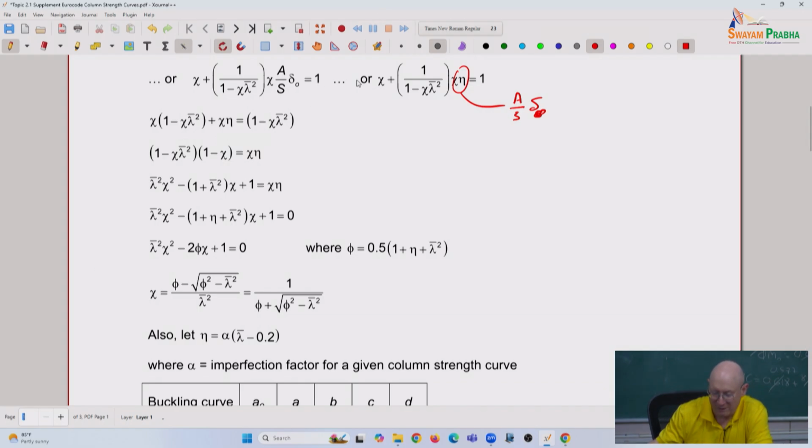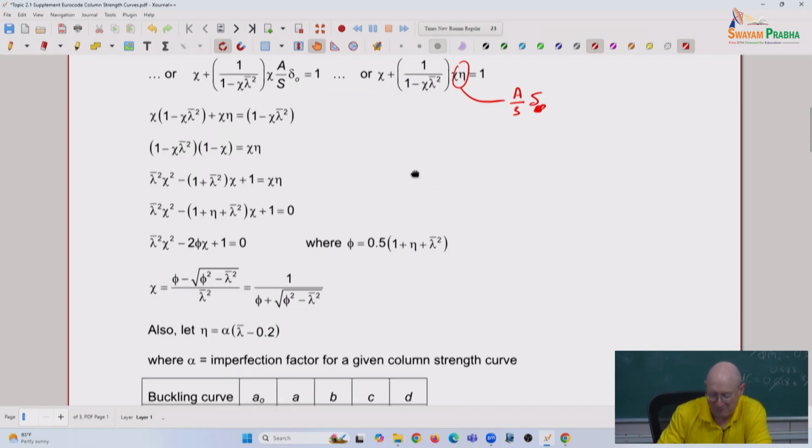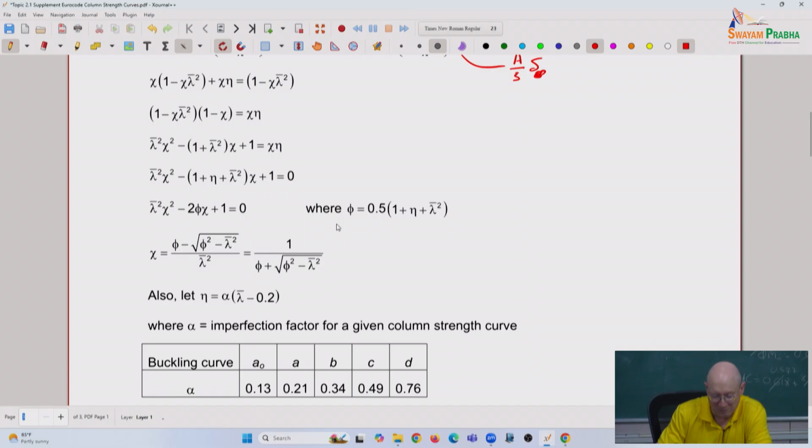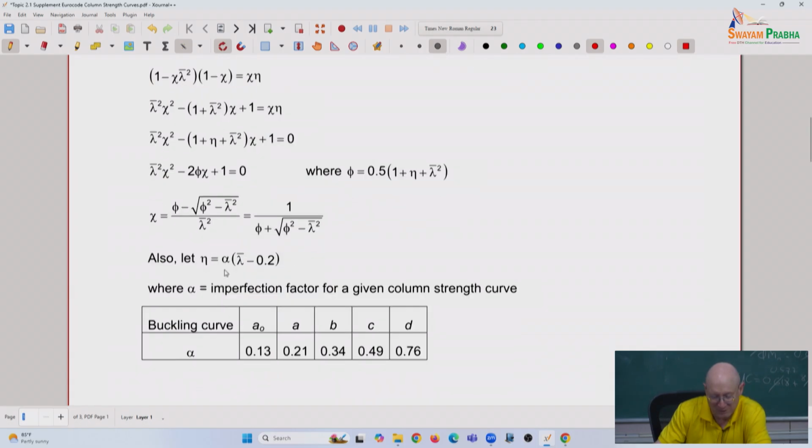So rather than write eta in that form, we want to use this to curve fit strengths for different cases where we have experimental results. So we're going to write eta as an imperfection factor times lambda bar minus 0.2.